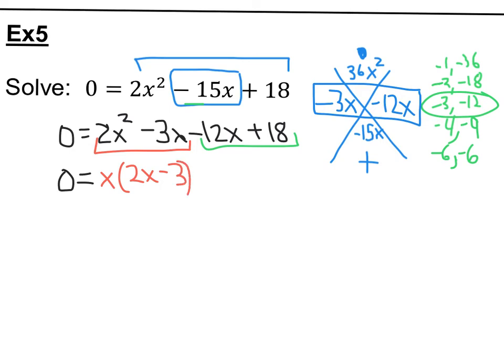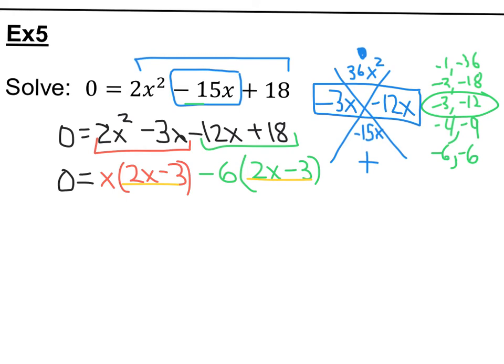In our second pair, I can take out a 6, but be very careful. Take out a negative 6 because our leading coefficient inside the parentheses has to be a positive. So it has to be a positive 2. So we'll factor out the negative 6. And you can see that whenever we're doing a problem like this, crisscross split the middle term, and you're factoring by grouping, the 2 groups of numbers in parentheses have to be the same.